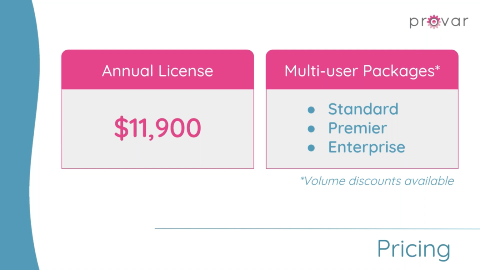It's based on a user concurrency model, so if you have 5 user licenses, you can have 5 people in at a time, but those 5 people could bounce around if need be. So you've got a lot of flexibility there.